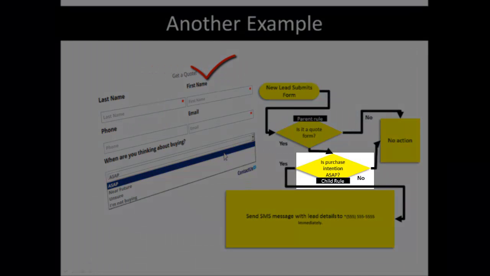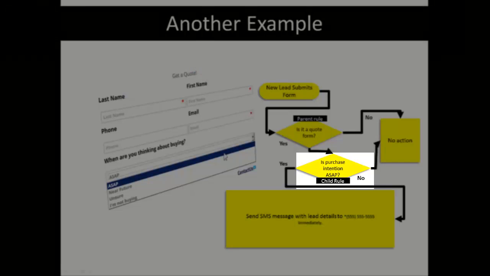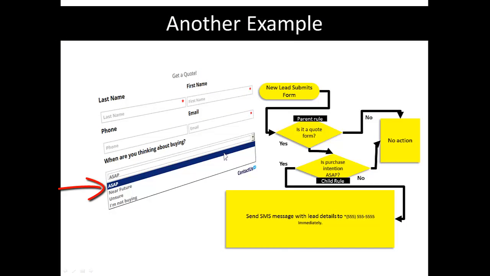If it is the GetQuote form, the child rule comes into play. The child rule will check if the lead selected ASAP as an answer for the question, when are you thinking about buying? If ASAP is selected, then the SMS message is sent to the specific mobile number. This way you have a strong trigger to call their hottest leads ASAP.